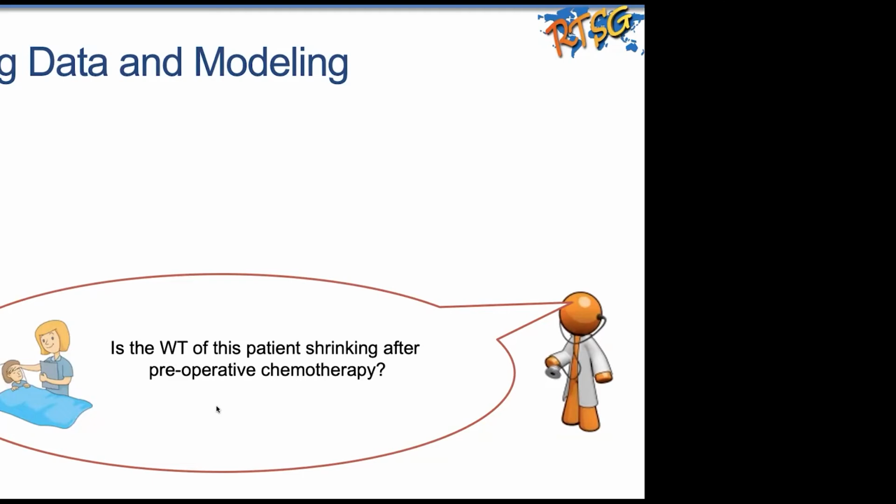We do know that about 80% of all children with Wilms tumor will have a tumor that will shrink under preoperative chemotherapy. Only few will increase under preoperative chemotherapy.